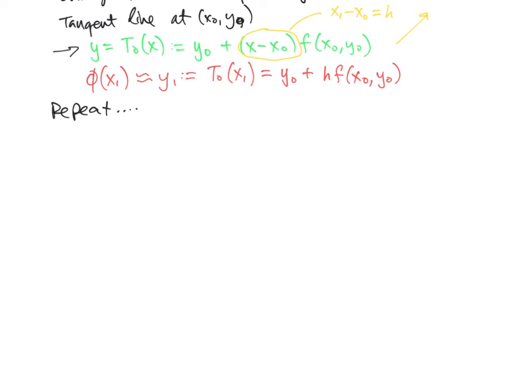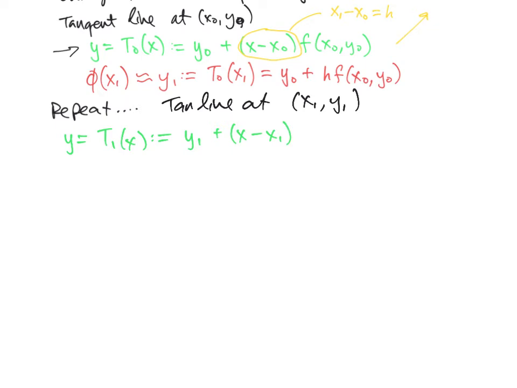So the tangent line at x1, y1, we can define like y equals, we'll call this t1 of x, and define this line to be the line that is going through y1 and x1 and has the slope that we calculate at x1, y1.